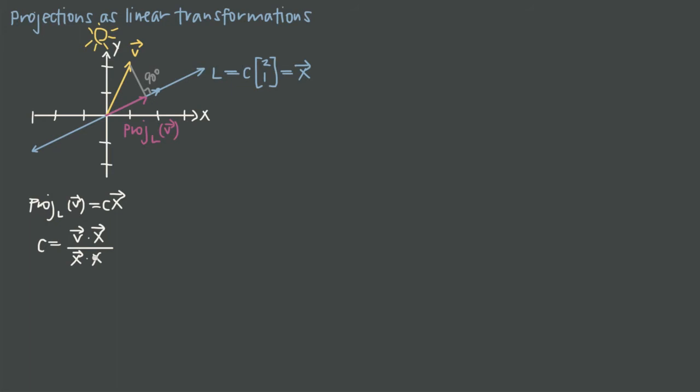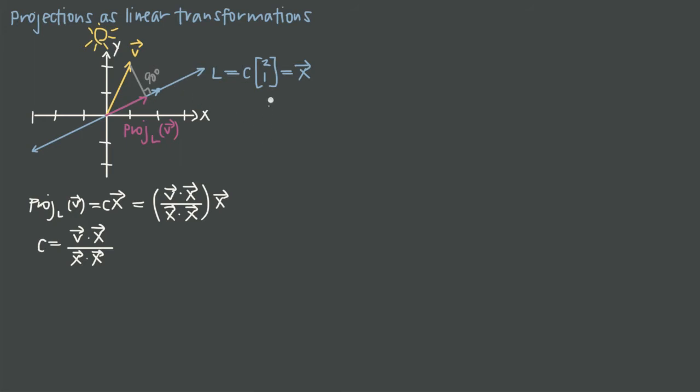So X dot X, which means that if we want to find this projection vector here, the projection of V onto L, instead of writing that as C times the vector X, we could actually write that as this quantity here, the vector V dotted with the vector X divided by X dotted with itself, and then that whole thing multiplied by the vector X here.